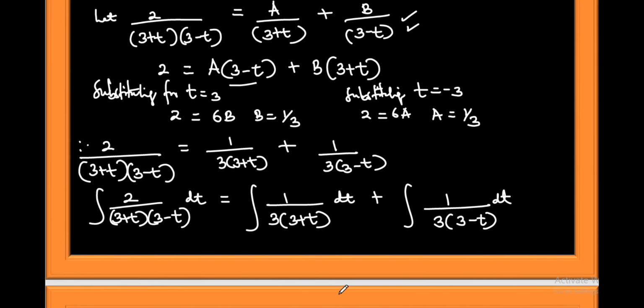When you look at this carefully, the final answers can easily be seen. The first one gives us a third natural log of 3 plus t. The next one gives us negative a third natural log of 3 minus t plus our constant of integration.